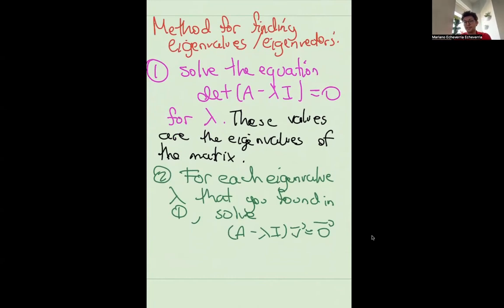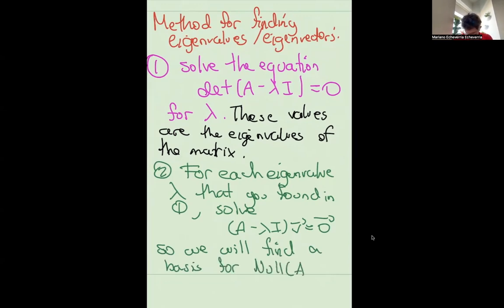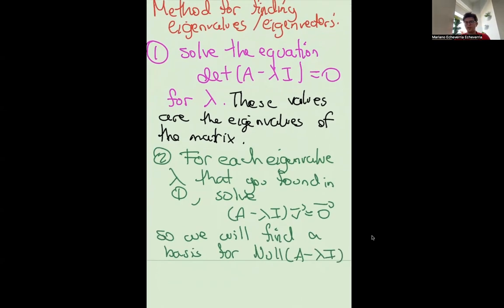That's a null space, right? If you remember, that's why we talked about null spaces 1 or 2 days ago. So we will find a basis for the null space, and these will be the eigenvectors.